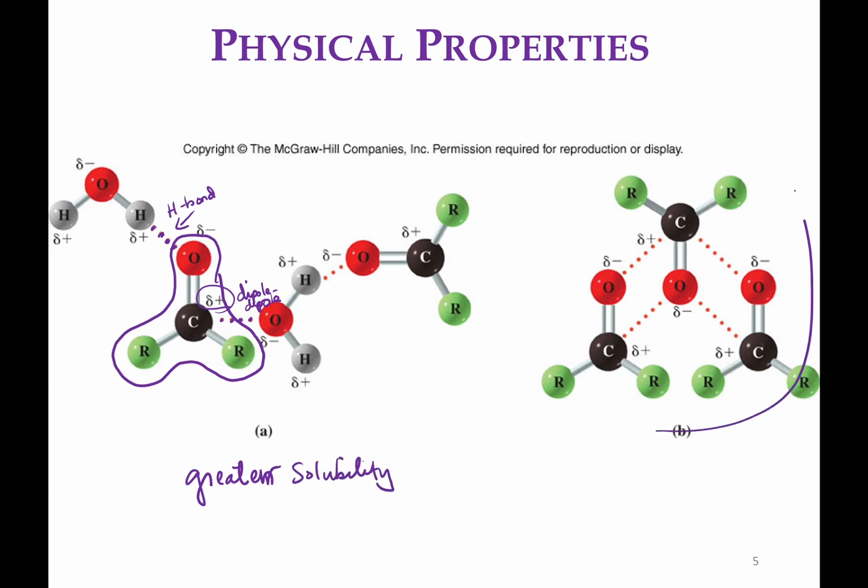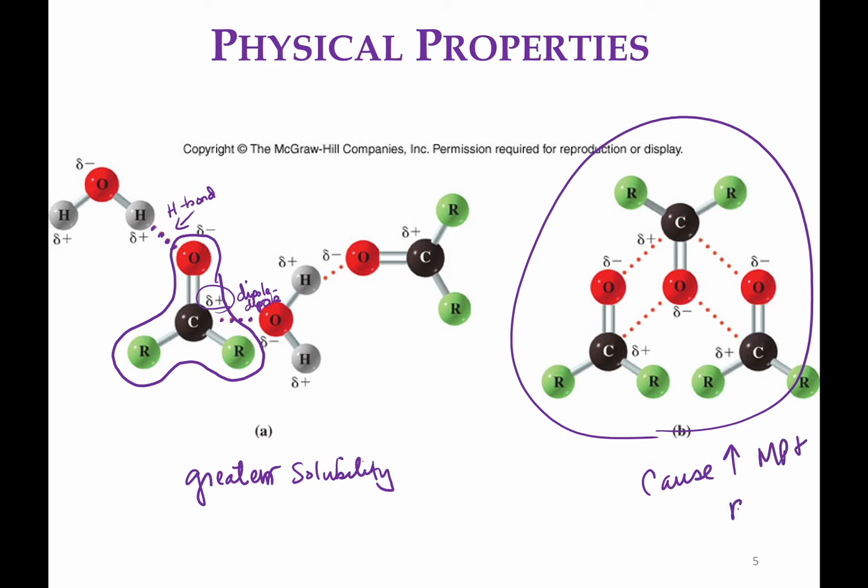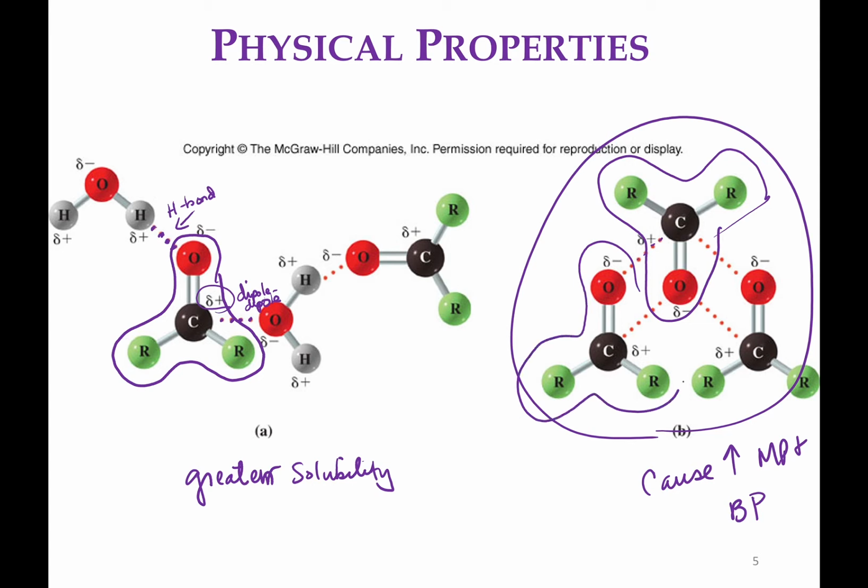Now, this ability is actually going to cause higher melting points and boiling points. This is something we're going to talk about in a minute. It's a special way that it can actually, if you see how good it fits in here with this one going up and these ones coming down here like this.